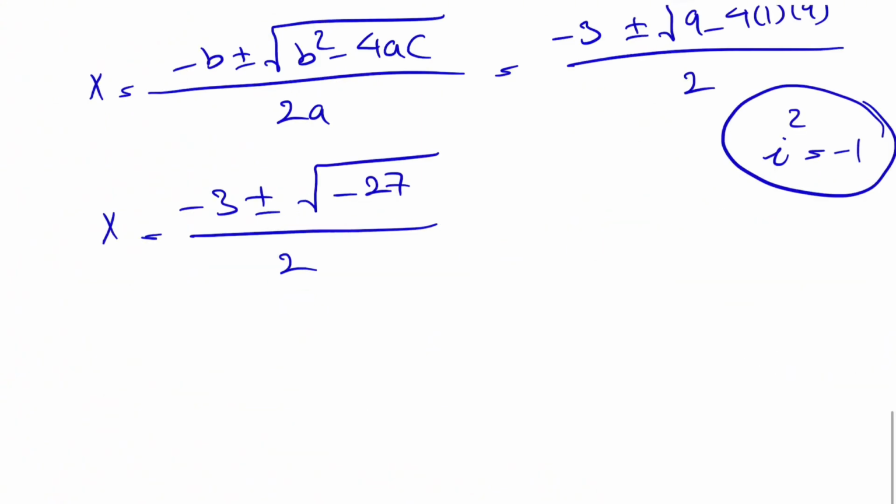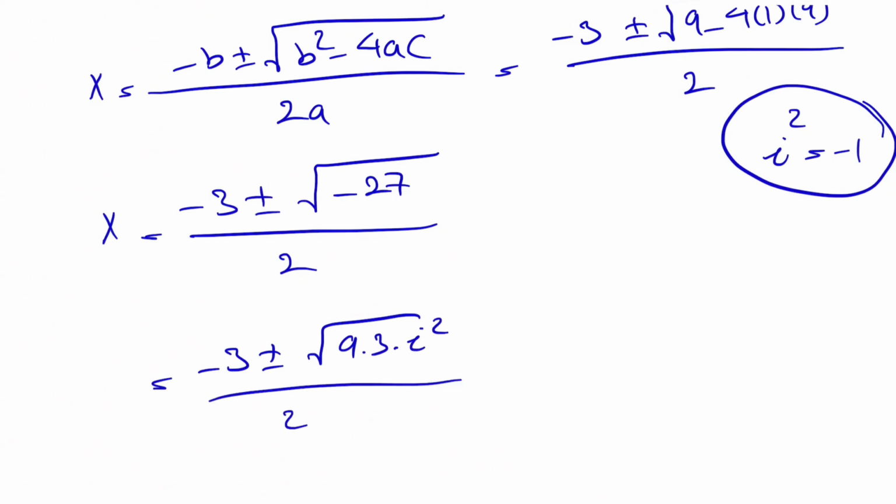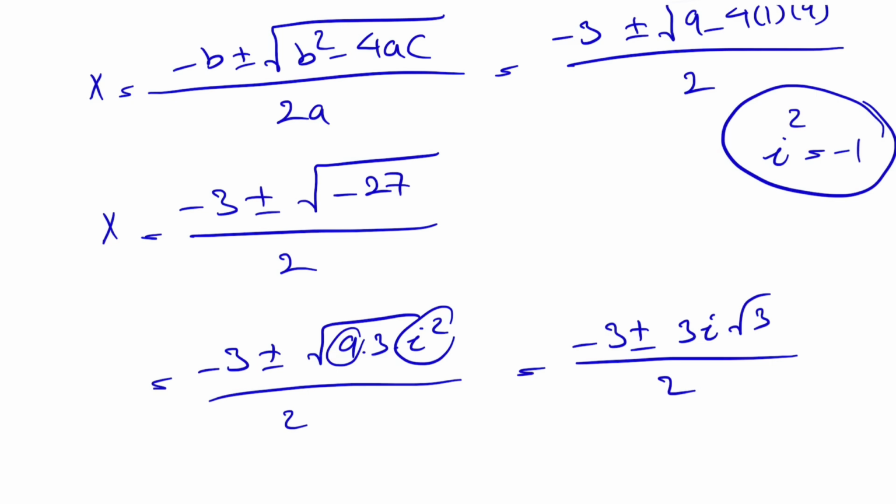minus 1. So our x will be minus 3 plus or minus, instead of 27, we can write 9 times 3 times i squared, divided by 2. 9 and i squared can get out of this square root, so minus 3 plus or minus 3i times square root of 3 over 2.